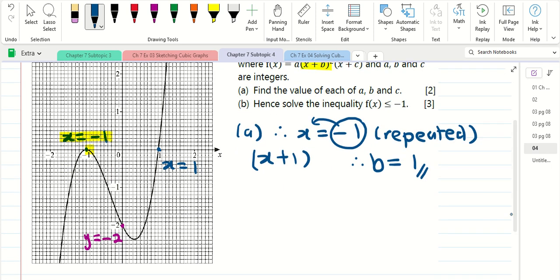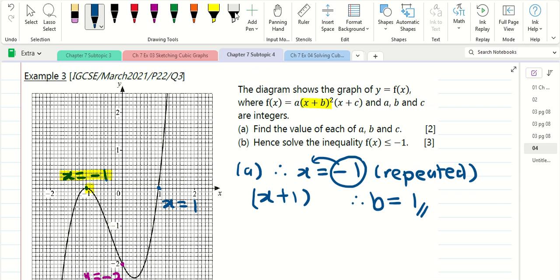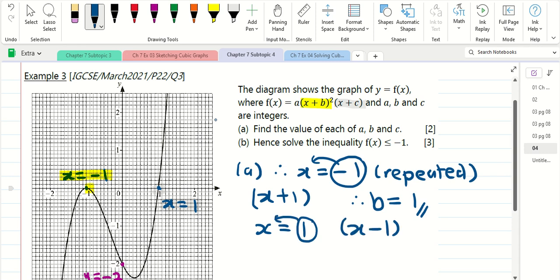Right? And x plus c is going to be another root. So this one, x equals 1. If x equals 1, then you move the 1 to the right side. So this is going to be x minus 1. Therefore, c is going to be a value of negative 1. Right?